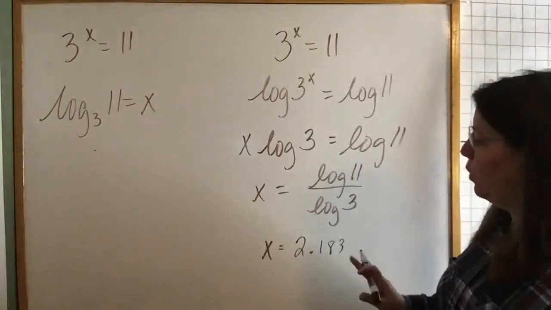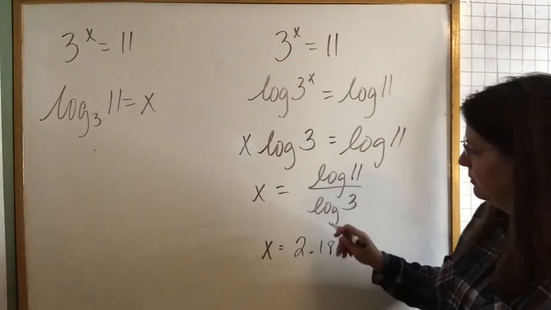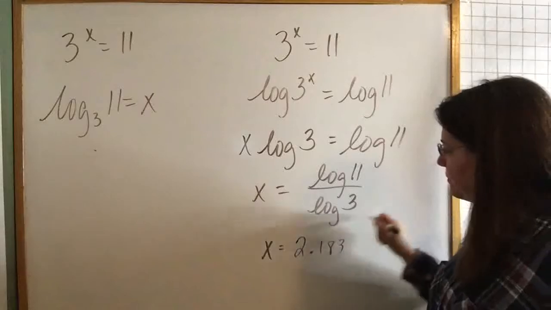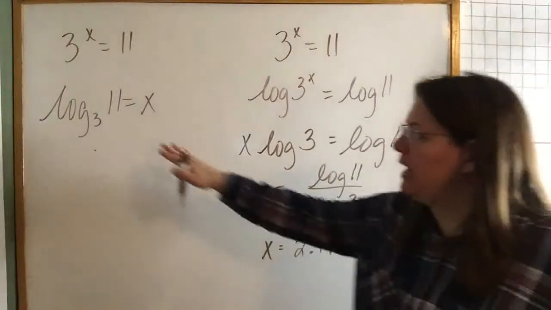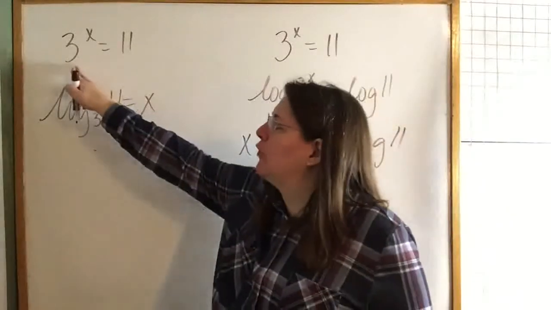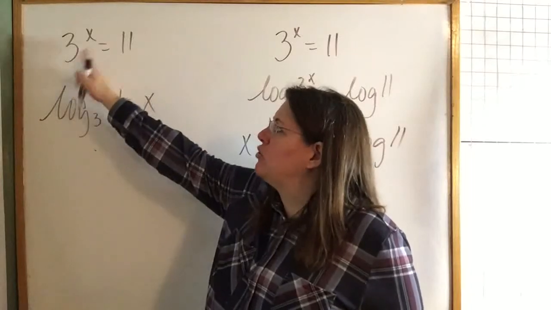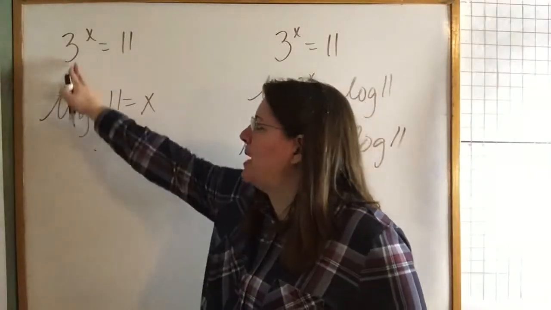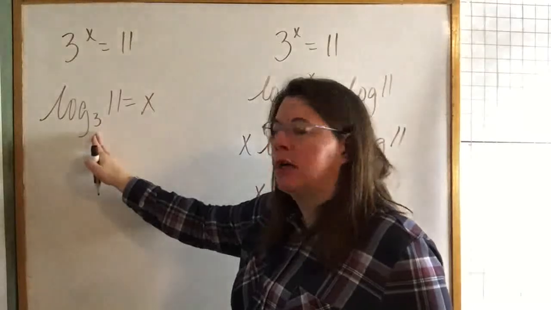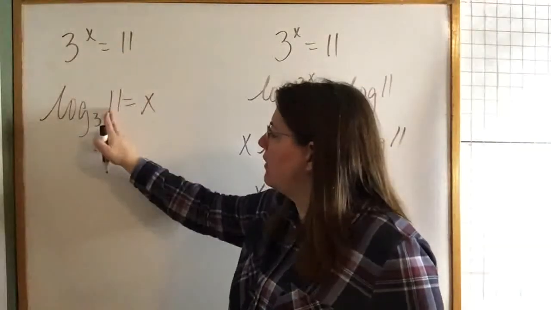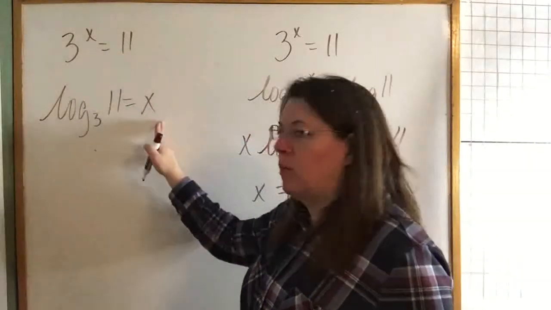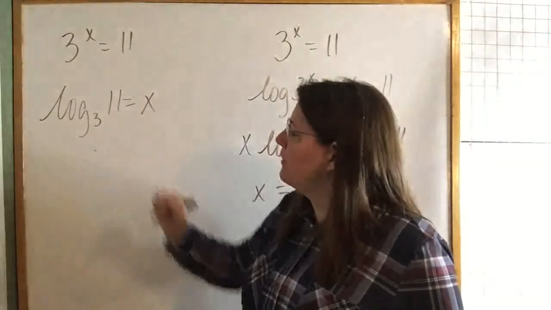Okay, now, I want to compare what I've got right here with what we said over here. Now, we said that we could convert exponential functions to logarithmic functions by making the base number here a base of the log, and the number here is our x value, and the exponent is what it's equal to. Now look at what I've got here.